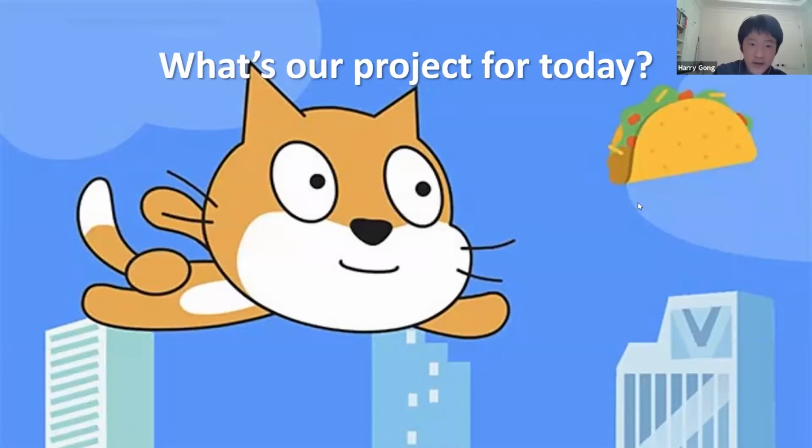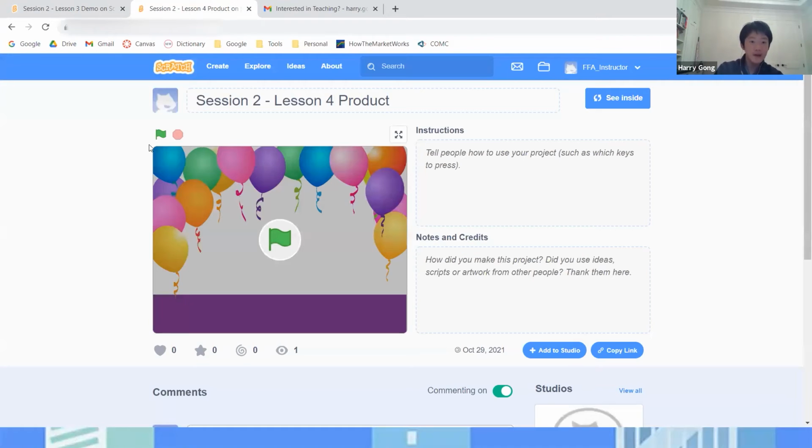So let's have a look at our project for this week. This is not a video game. The player doesn't control anything. It's more like an animation, which is basically a picture that moves. So if we click on the green flag, first we see the backdrop. It isn't blank like this is.